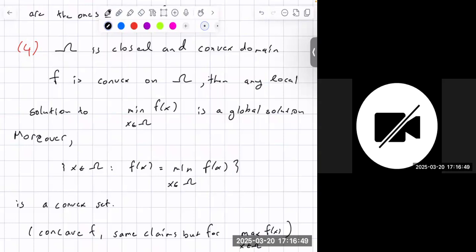It could be a collection of points that are all minimum. But there is only one global minimum value. Let's say they all make your objective function 10, and that's the smallest you could achieve. If you found one of them, you're done. That's why structurally convex stuff is much nicer. As soon as you arrive at a local minimum, you know you're done.